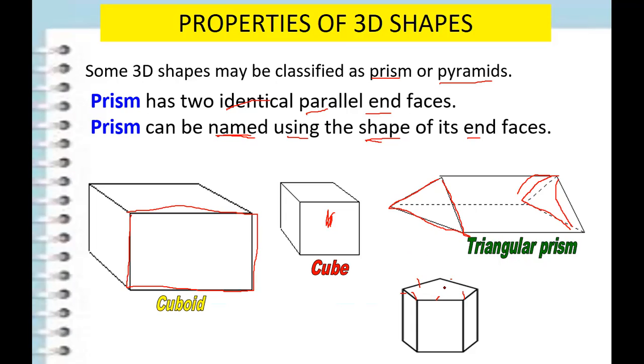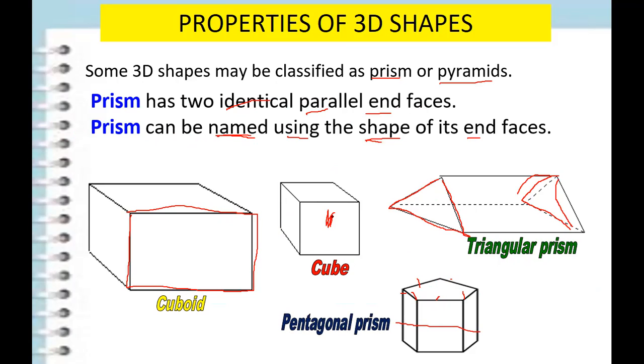Since it has two identical parallel end faces, the top and the bottom are pentagons. Even if I cut it in half, the half will still be a pentagon, so it's still a prism. This prism can be named using the shape of both ends. It's a pentagon, so we call it what? Pentagonal prism.